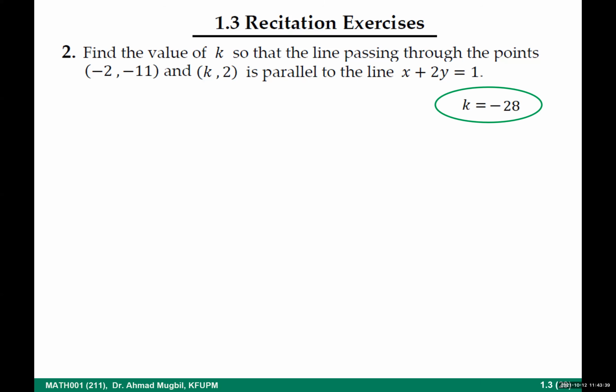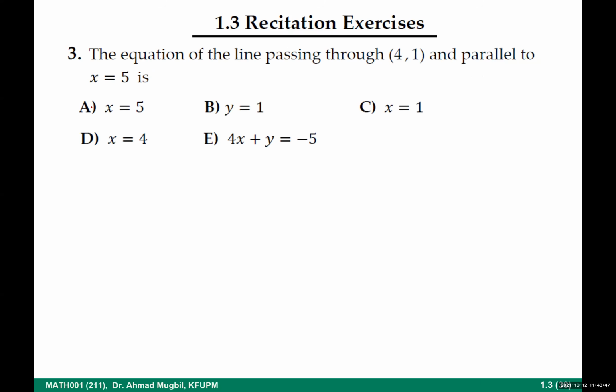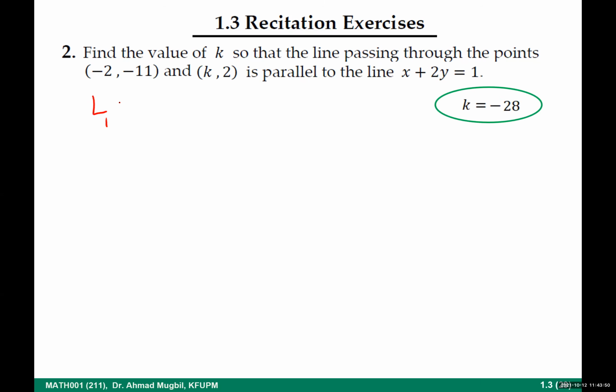So what is the idea of solving this question? We have two lines. The first line, we have 2 points on this line, and it is given to us that it is parallel to L2. L2 is given to me. L2, it is this line. Its slope is what?